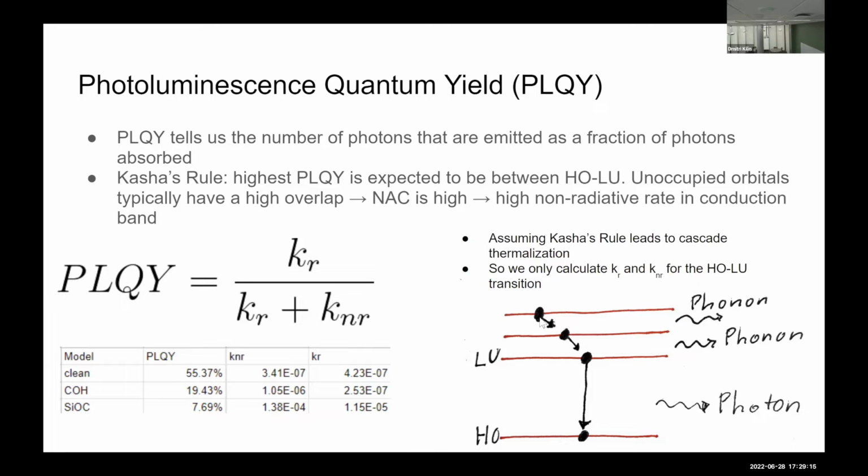We assume that if you have an electron go to a very high excited state, far above LUMO, that it will descend to the LUMO state just releasing phonons, so non-radiatively. And then the only transition that will release a photon is between the LUMO and the HOMO.